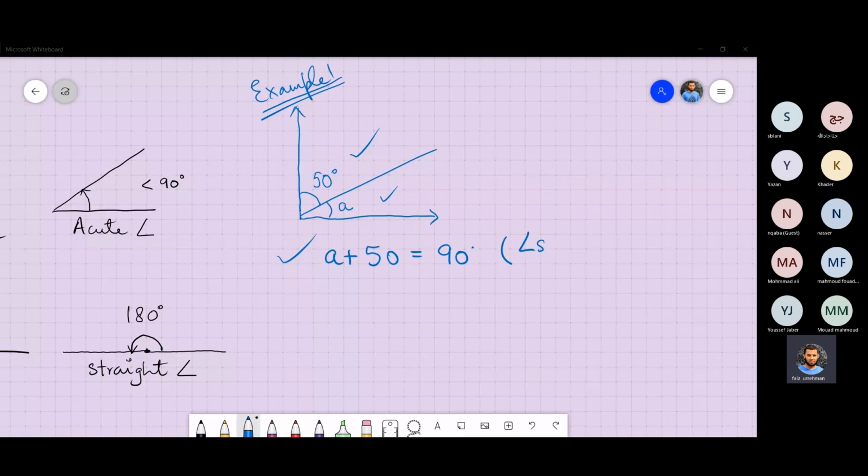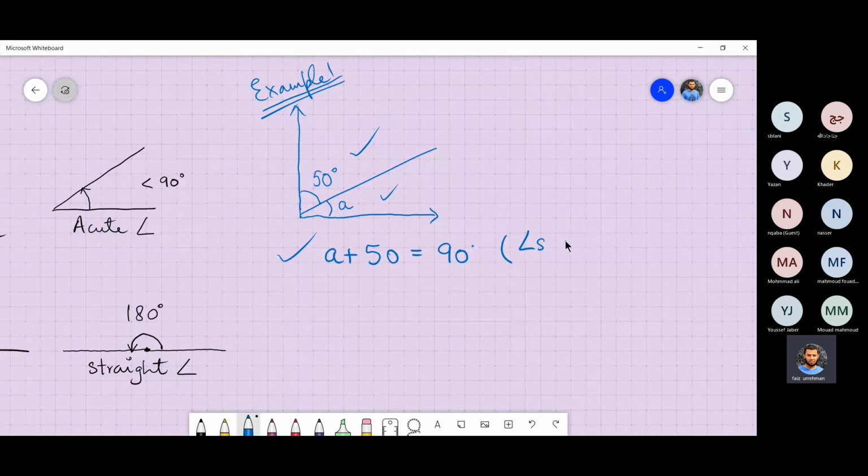Okay. So the reason that we have to write is angles in a right angle. Okay. Now a plus 50 is 90. How can we find a? How can we remove 50? Minus, by minusing from both sides. Yes. Now you have to go back to the linear equation chapter, balancing equations. You remember?